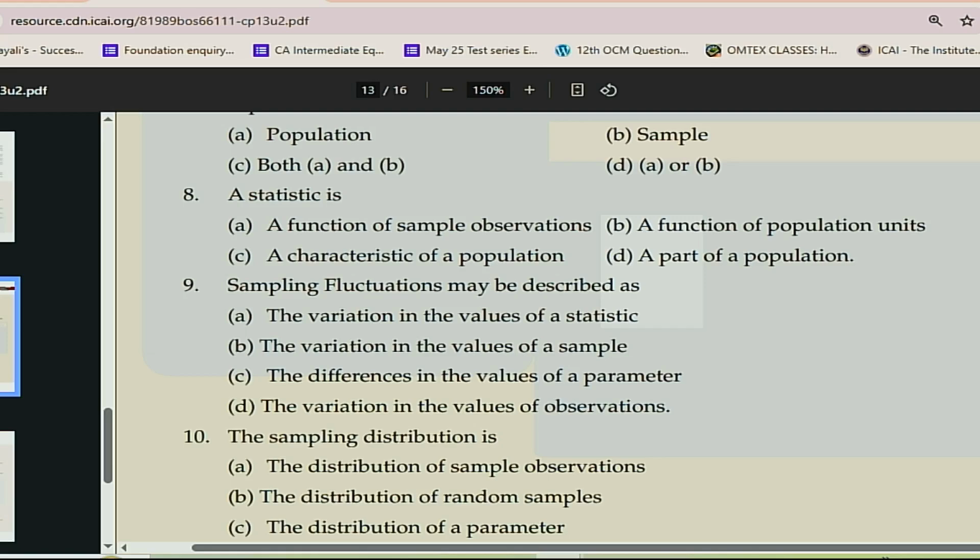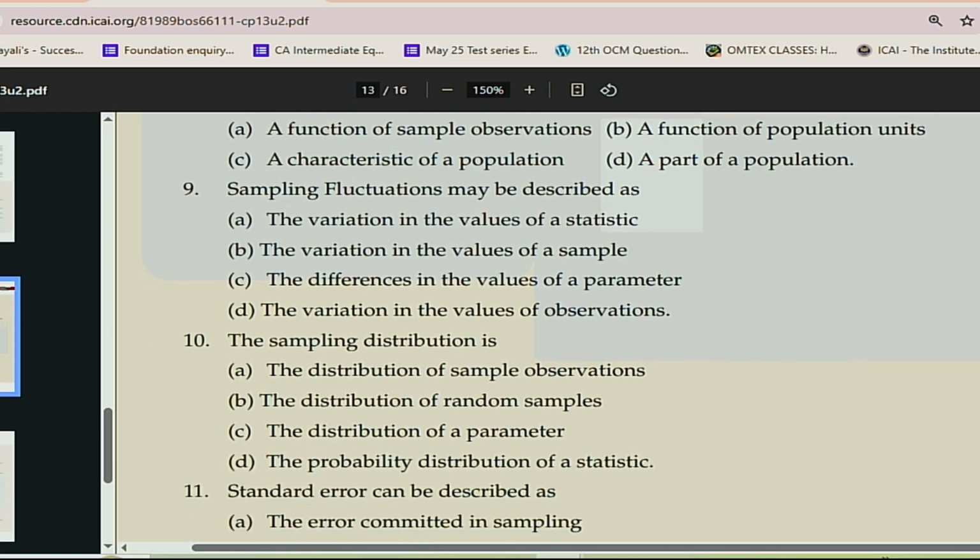Next, sampling fluctuation may be described as variation in the values of a statistic, variation in the values of a sample, differences in the values of a parameter, or variation in values of observations.